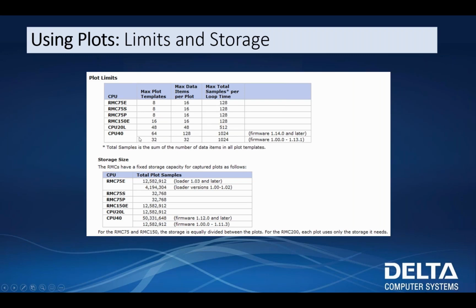So if you really need lots of plotting capability, the CPU 40 is a great option. You can also see the max storage size for each of the controllers here. You can see the 75E and the RMC 150 are the same. CPU 20L again is the same there, and then the CPU 40 has been increased quite a bit.